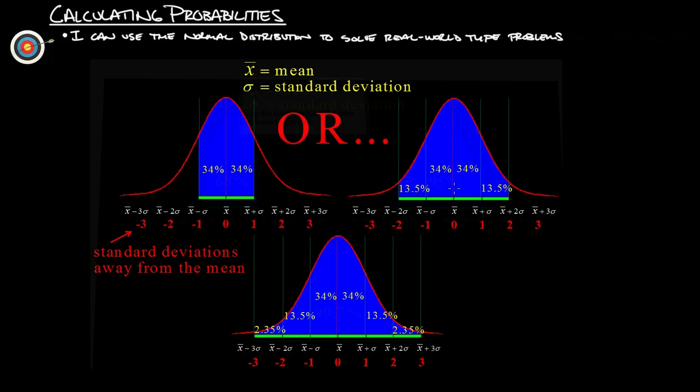So same thing here. This little section here is 13.5% between 1 and 2 standard deviations, and then this last little section here is 2.35% of the data between 2 and 3, -2 and -3, +2 and +3 standard deviations from the mean, right?